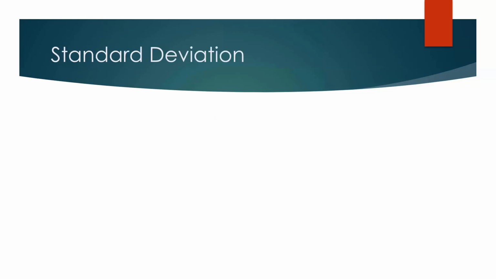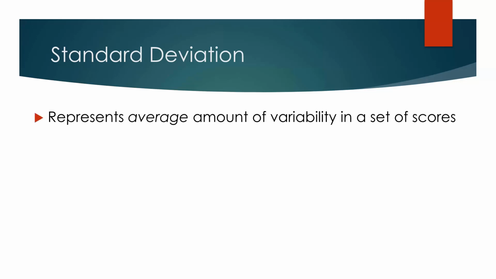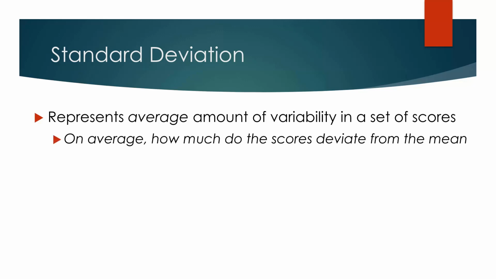I want to jump to the one that we're primarily going to be utilizing, which is called the standard deviation. Think of the standard deviation as the average amount of variability in a set of scores, right? What's one number that we can use to represent how much difference there is between our pieces of data, okay? So on average, how much do these scores deviate from the mean?